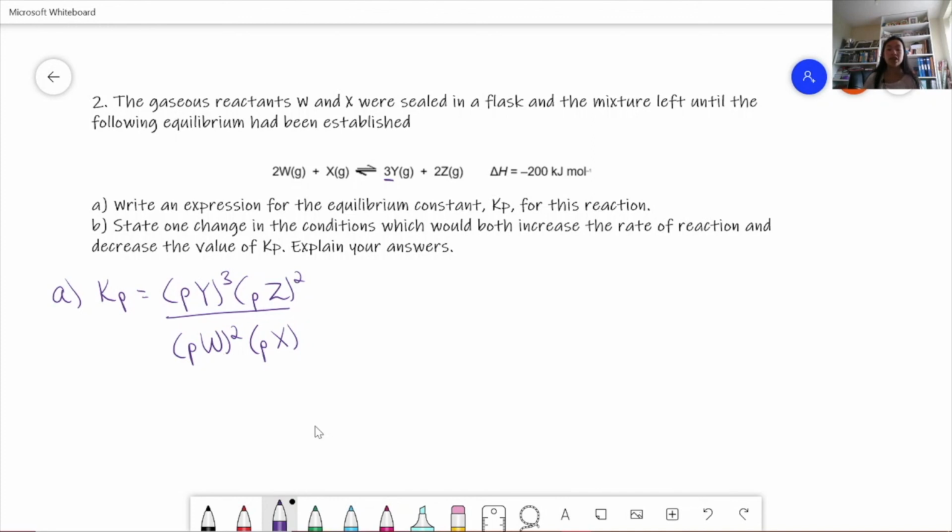So pressure does change the value of Kp because increasing the pressure shifts the equilibrium to favour the side with the least amount of moles of gas to decrease the pressure. But it doesn't increase the rate of reaction. In fact, it doesn't change the rate of reaction at all. It just makes the equilibrium shift to either the left or the right to favour the products or the reactants. And so the answer must be temperature.